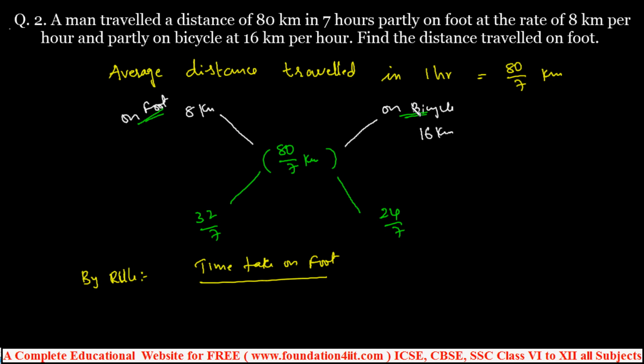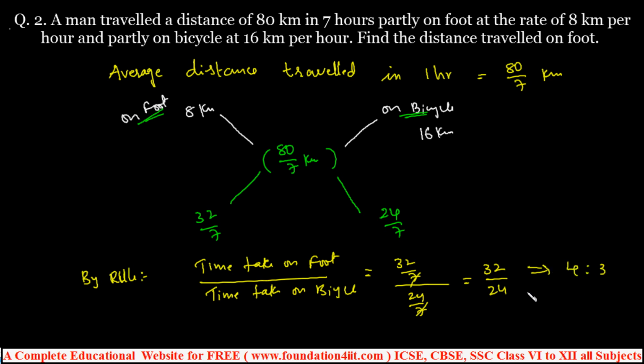So the time taken on foot is this divided by this, and the time taken on bicycle is this divided by this. So 32 by 7 by 24 by 7. 7 and 7 cancel. 32 by 24, so that is 4 is to 3. 8 table you can cancel. So 4 is to 3 is the ratio.